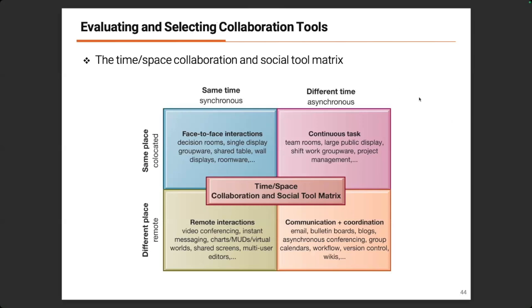So we can use this kind of framework to choose the right collaboration and social tool. Actually, the tools and technologies we have discussed before are all ways of overcoming these kinds of limitations of time and space.